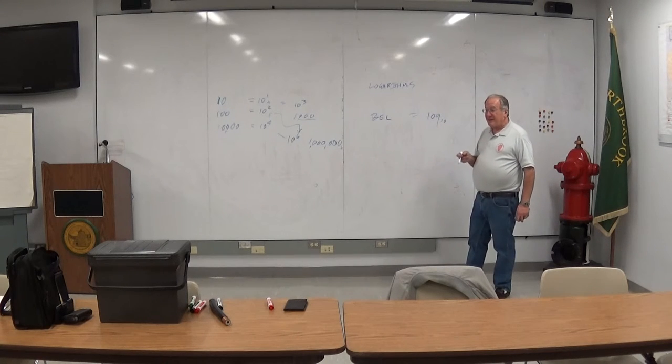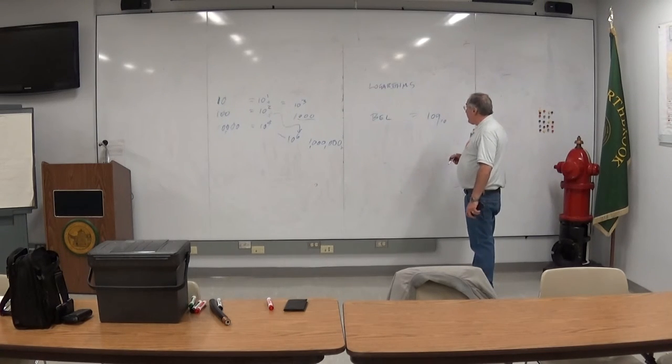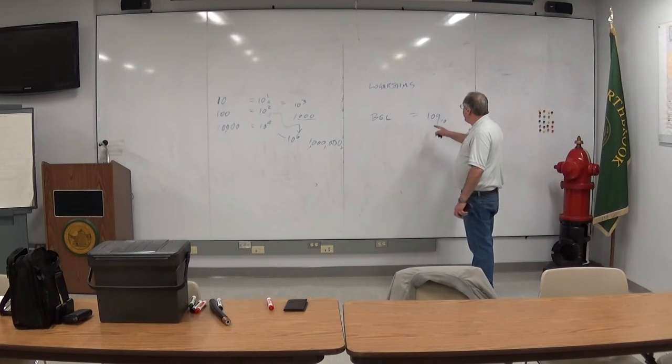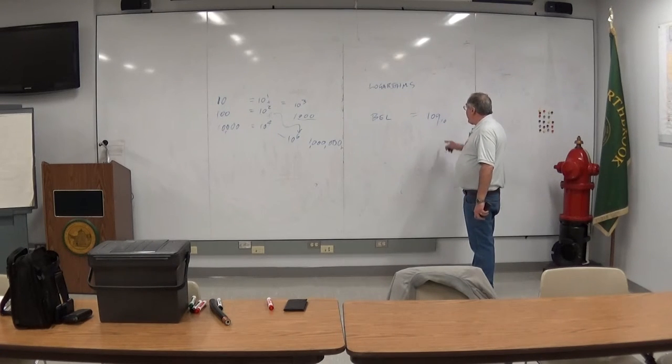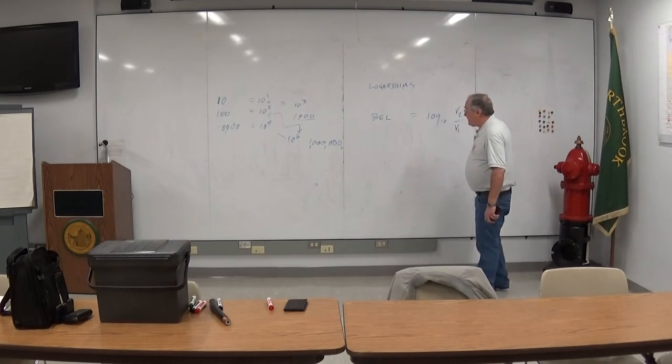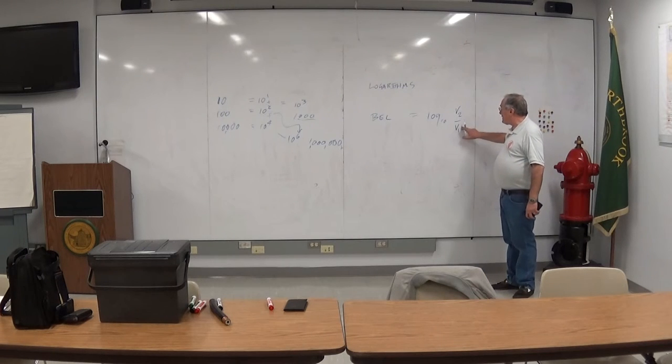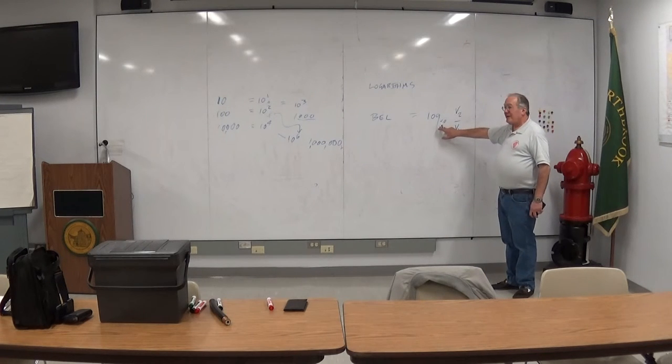There's other bases like natural logarithms, which come out of trigonometry when you take that course. But if you're looking at powers of 10, a bel is the exponent of this ratio. In other words, if this is twice that, it's whatever exponent equals 2 happens to be.